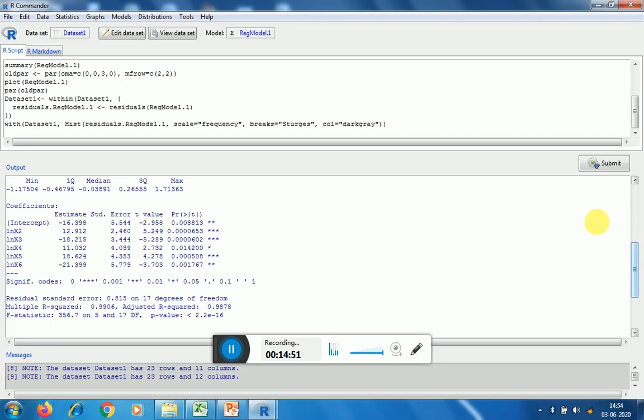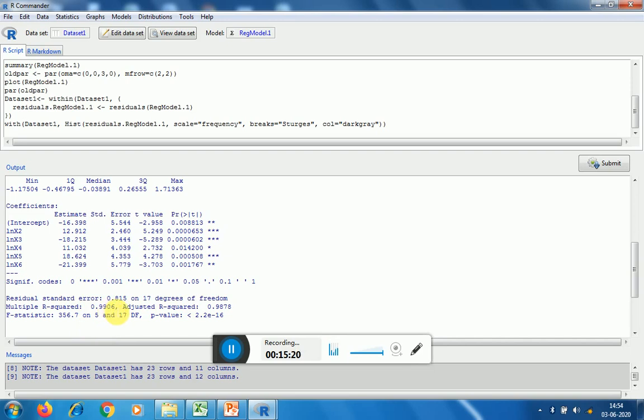Now if you review this output properly, you have to diagnose the problem. When I saw this model, I was able to diagnose it because, as I said in my previous discussion, if you are getting a very high multiple R squared value, it should be an eye opener for you. Here the value is 0.9906. This value is very high.